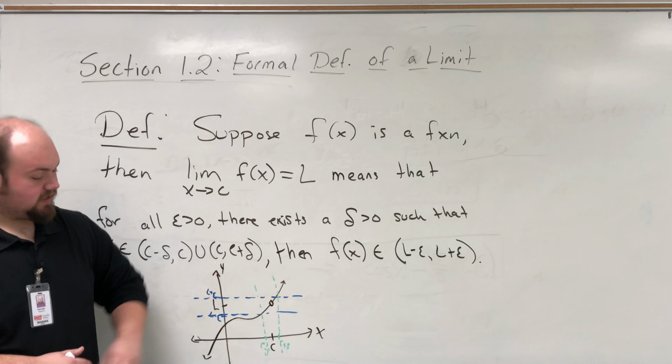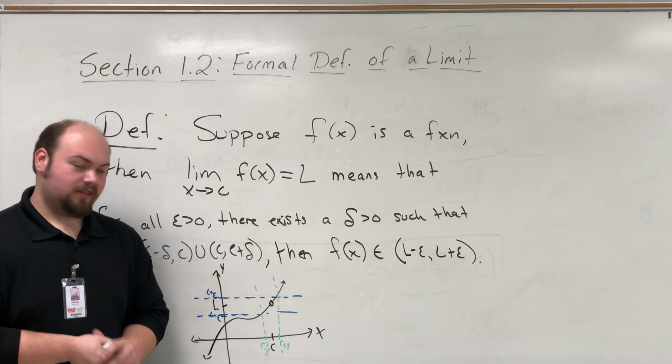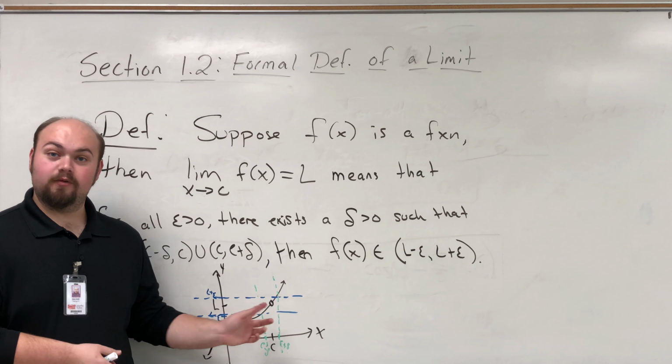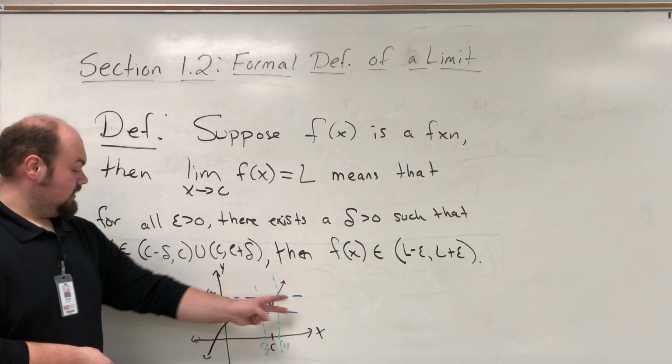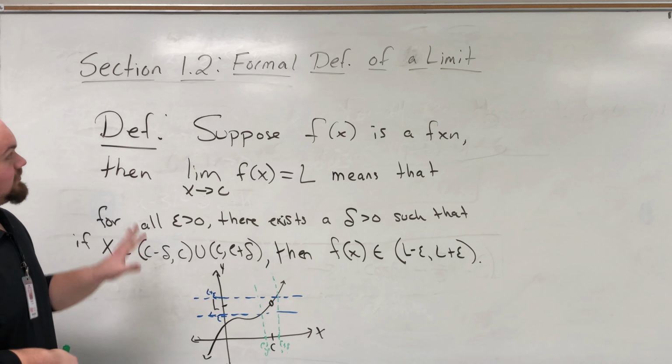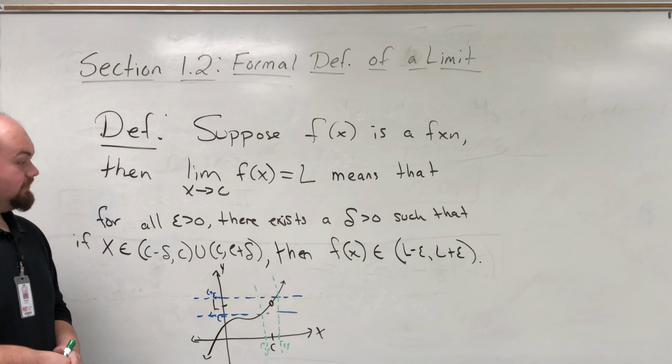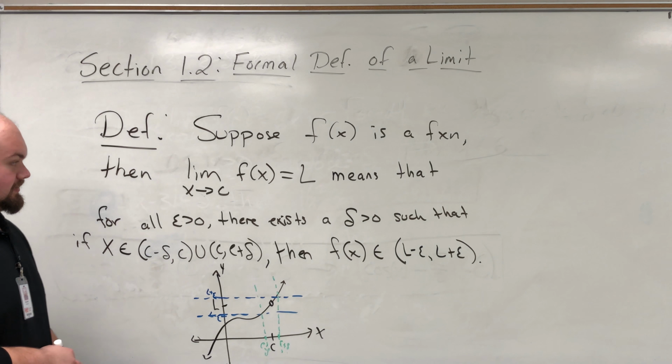And so you can see that all the function values get contained within this little rectangle that we have created given some epsilon. So that is the formal definition of a limit using the epsilon deltas.